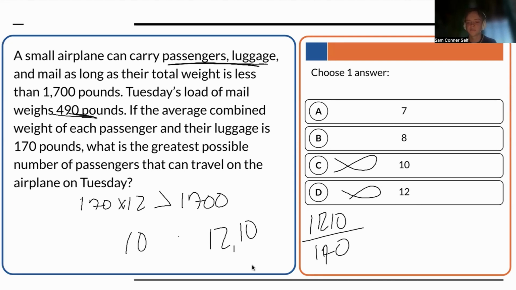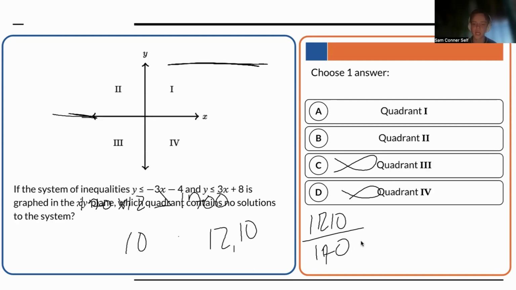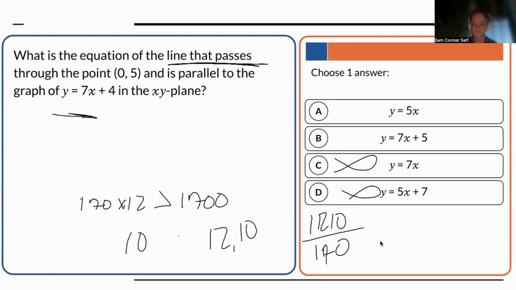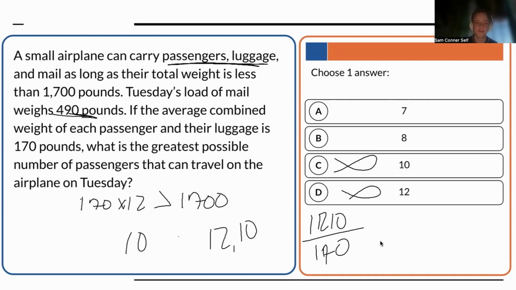So 1,210 divided by 170. Yep, so it would be 7 point like 11 and change, which would be rounded down to 7. Yes, so people who said A, you are correct.